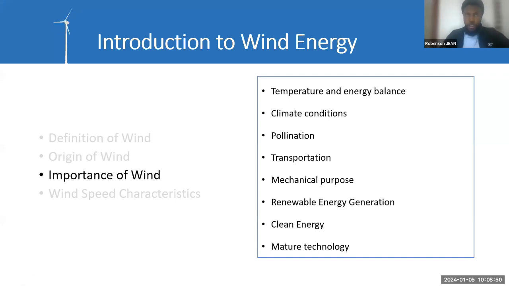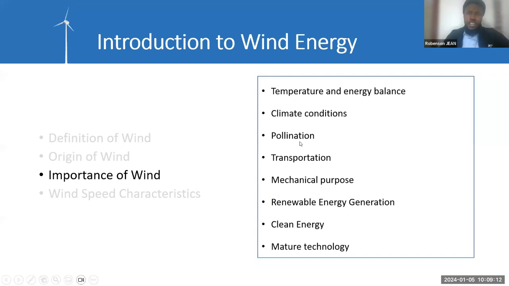The airflow is circulating and regulating the temperature on the Earth's surface. In the same sense, this helps to regulate the climate conditions in the different zones.